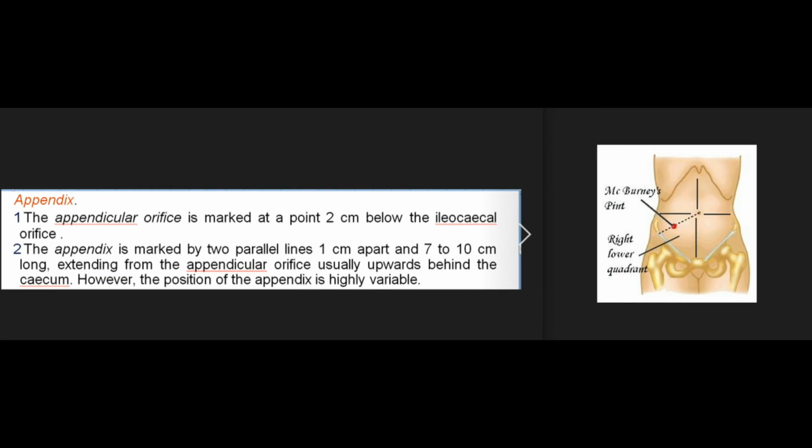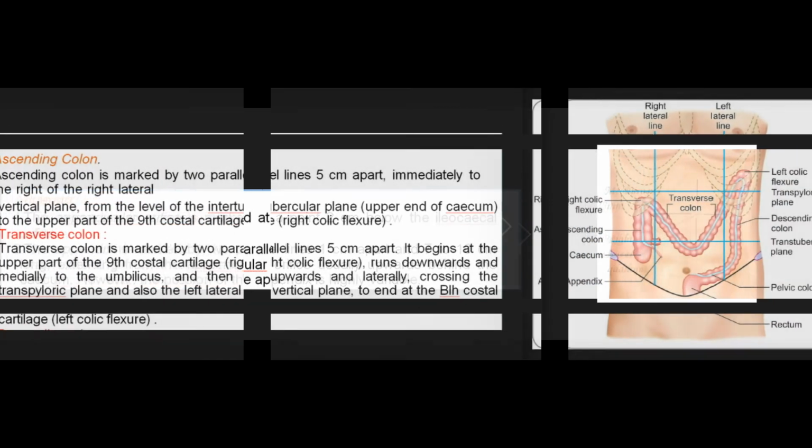Appendix. 1. The appendicular orifice is marked at a point 2 cm below the ileocecal orifice. 2. The appendix is marked by 2 parallel lines 1 cm apart and 7 to 10 cm long, extending from the appendicular orifice usually upwards behind the cecum. However, the position of the appendix is highly variable.